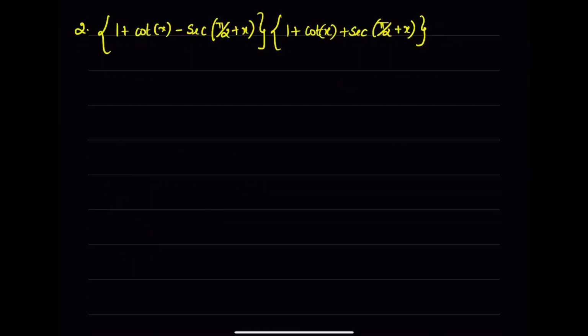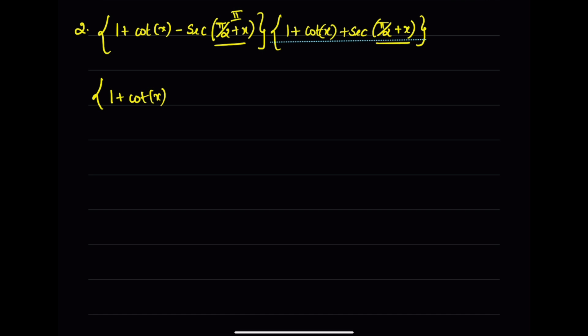Let us solve the second problem. We have to simplify this equation and find out what the final trigonometric ratio would be. So let's get started. So let us solve these angles first. So we will have 1 plus cot of x, and secant of pi by 2 plus x, this is the second quadrant.